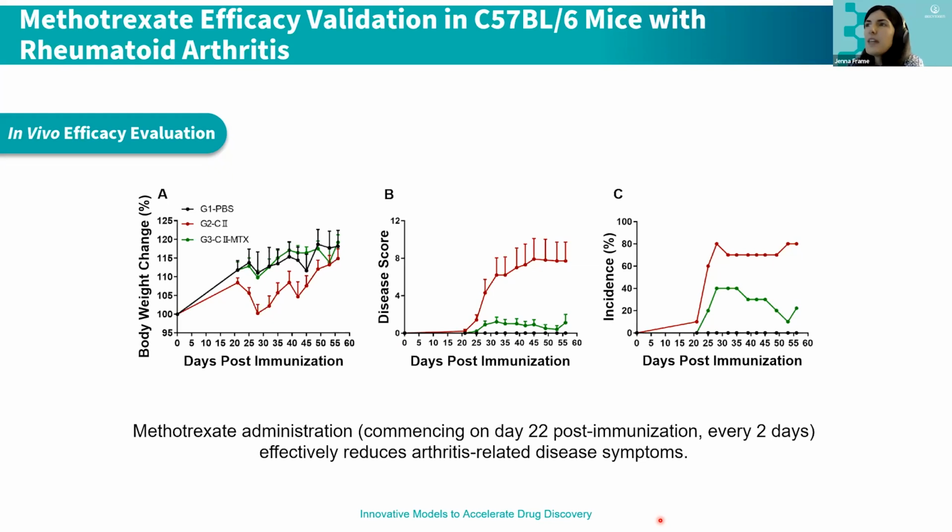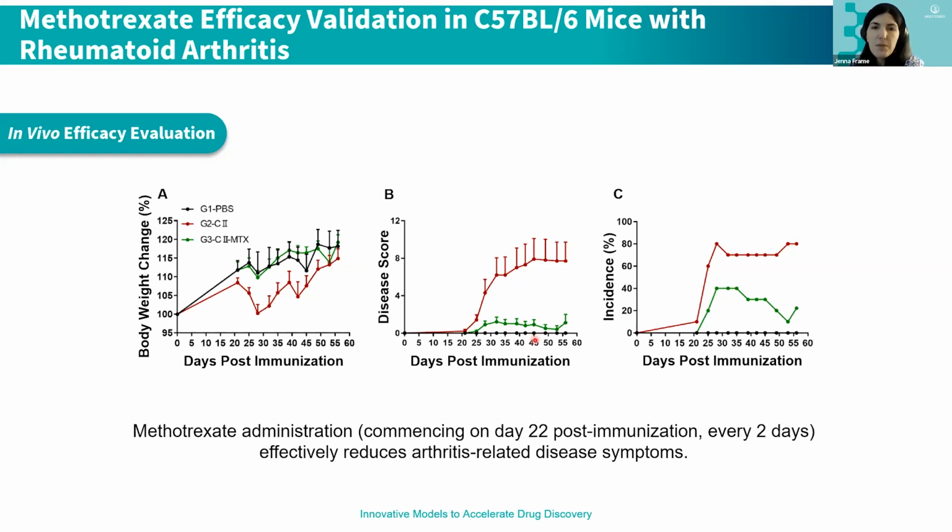In this next case study, we tested the efficacy of methotrexate, which, as I mentioned, is a first-line therapy for this disease. So in this experiment, the treatment was started on day 22 post-immunization and given every 2 days. As shown in B here, the severity of the disease score was significantly reduced with administration of the drug, as shown by the green lines.